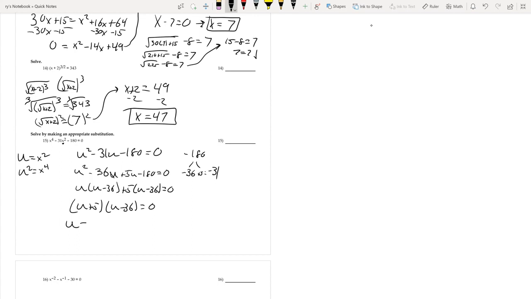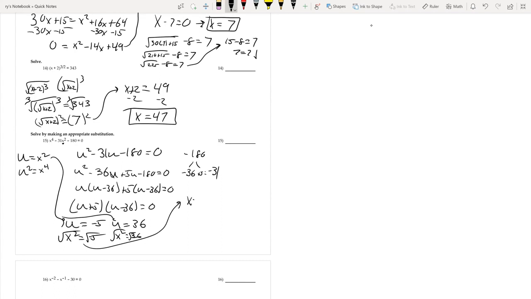So in that case, u is equal to negative 5, and u is equal to 36. That is not our answer. Remember, we have to plug in our x squared here. So x squared equals negative 5, and x squared equals 36. Taking the square root of both sides for both of them. I'm going to continue my work over here.